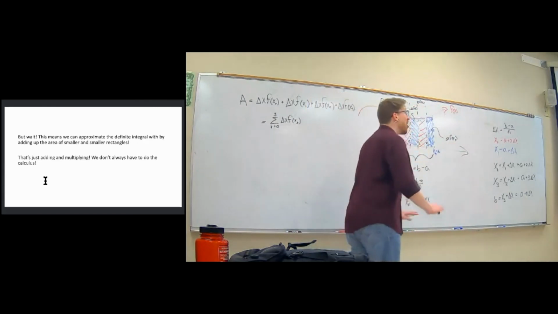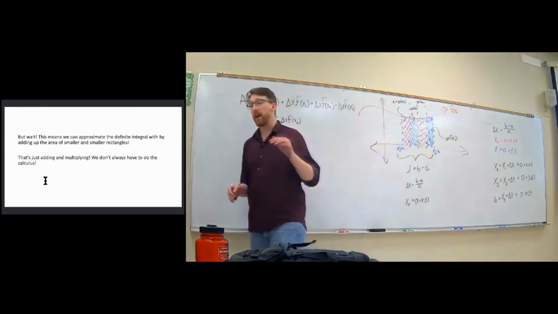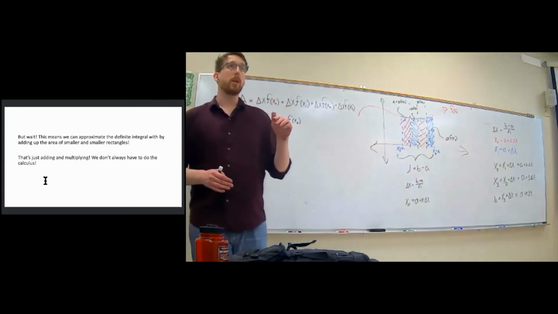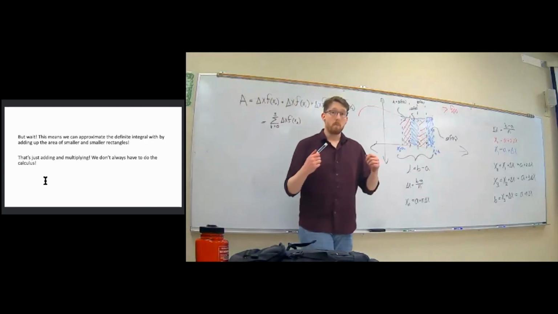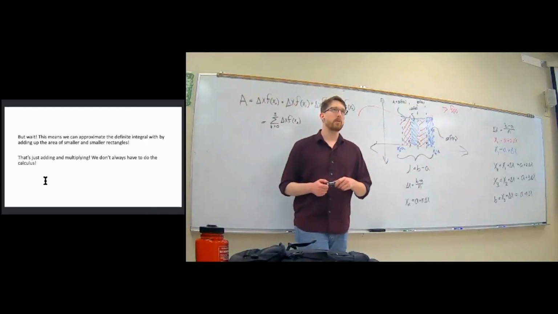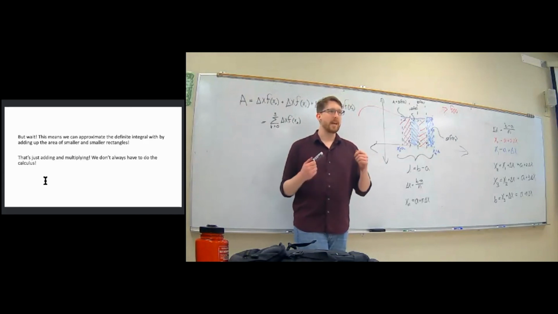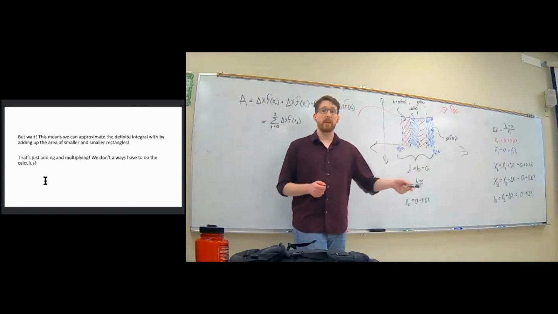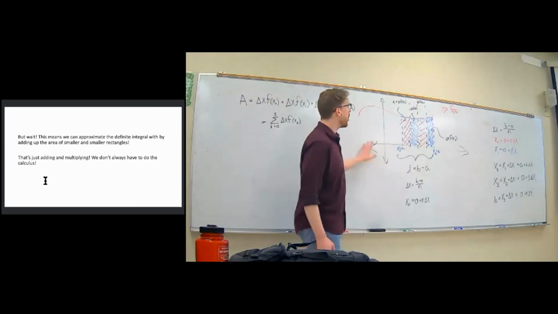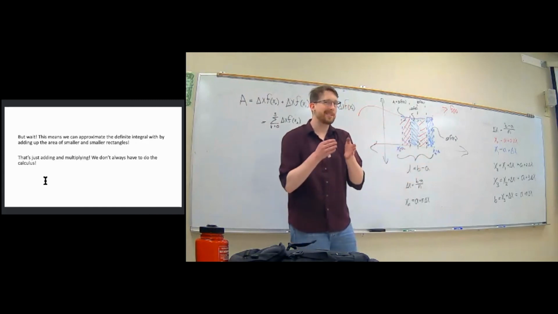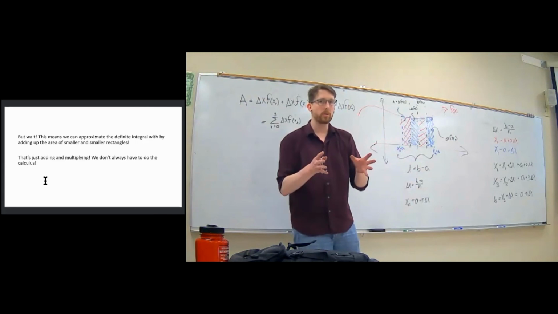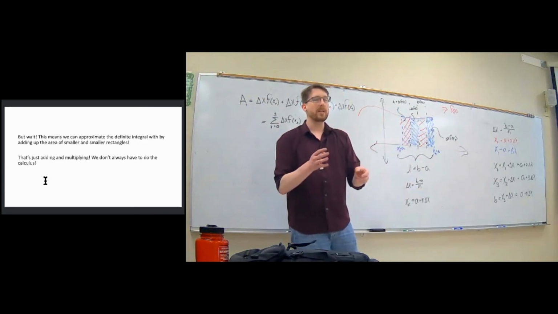This is an approximation method, and it's used all over the place in mathematics. In fact, in aerospace and fluid dynamics, most of your problems can't be solved directly. You have to use a numerical method to solve them. And this is an example of a numerical method where you say, I can calculate something that's kind of close, but it's not exact.